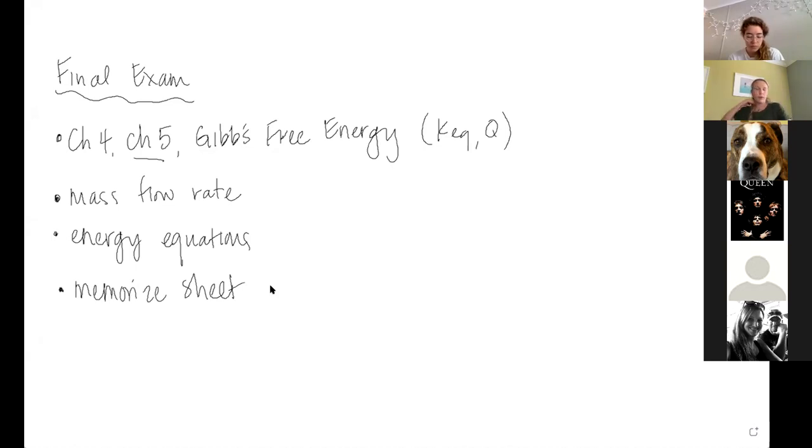Kind of those big conversions that we've done. You should also be familiar with the concepts of conduction, convection, radiation. Just conceptually, those are fair game. So heat transfer mechanisms conceptually.